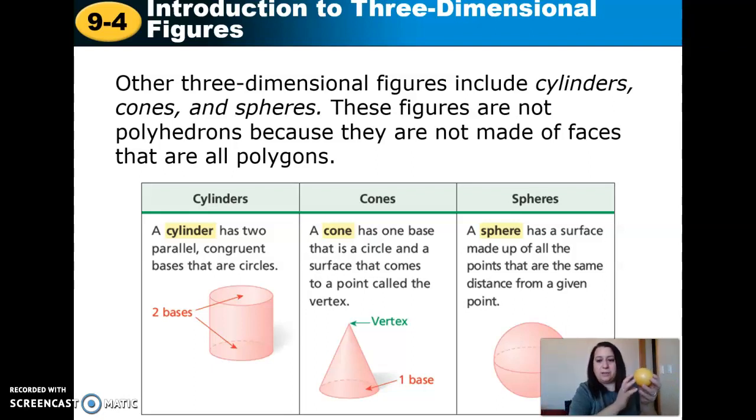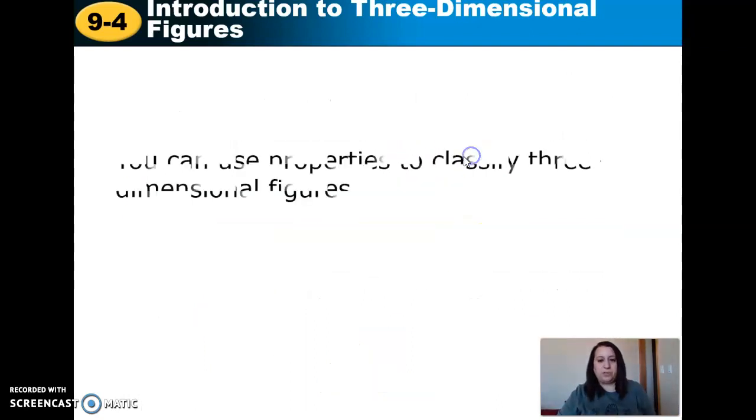It's made up of points where if you pick one point, every other point is the same distance away from that point on the sphere. But I like to just think of this as a ball. So like a baseball, tennis ball, soccer ball, that's a sphere. An orange, a little clementine, those are all spheres, okay? So let's name a few of those.